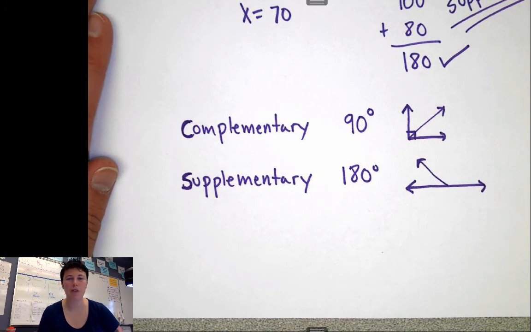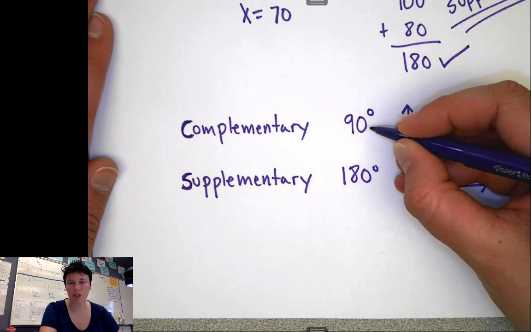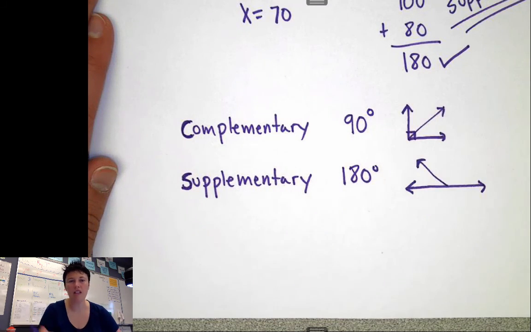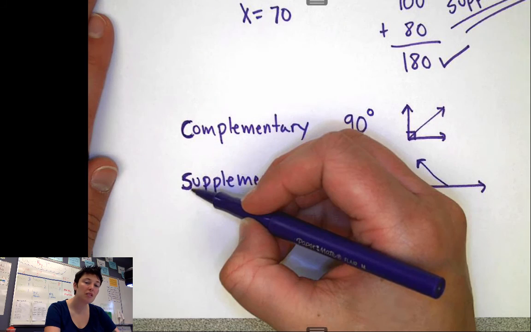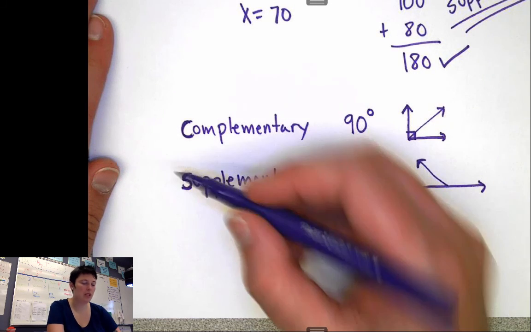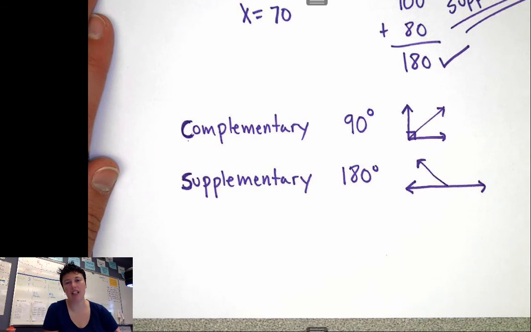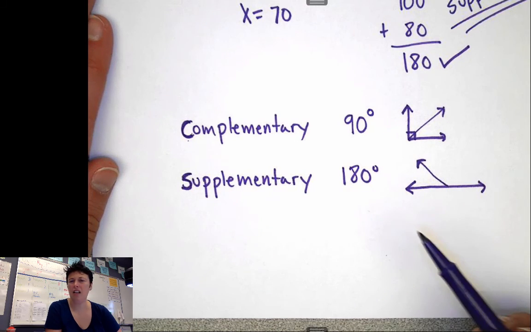I know it's kind of a weird way to remember it, but 90 is earlier than the 180 when you're counting. C comes before S when you're doing your alphabet. So C and 90 go together, complementary and 90, and supplementary and 180.